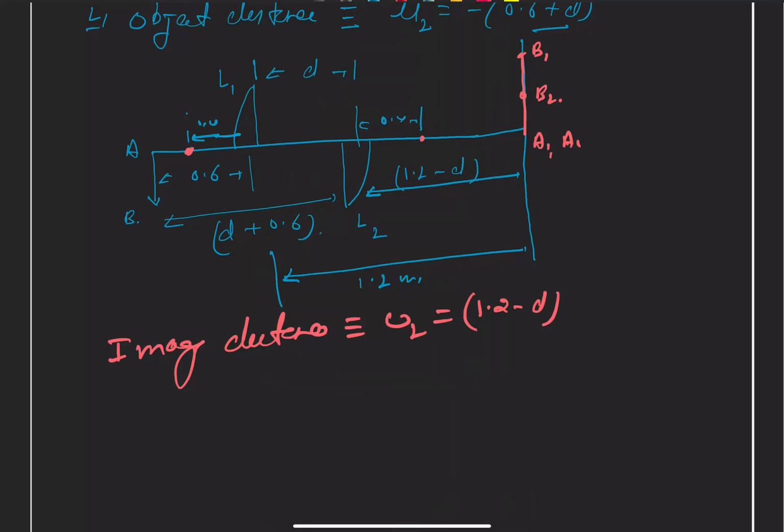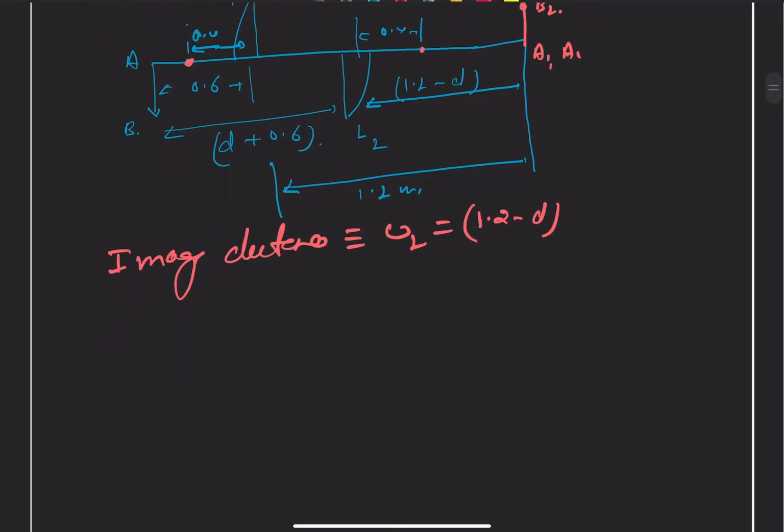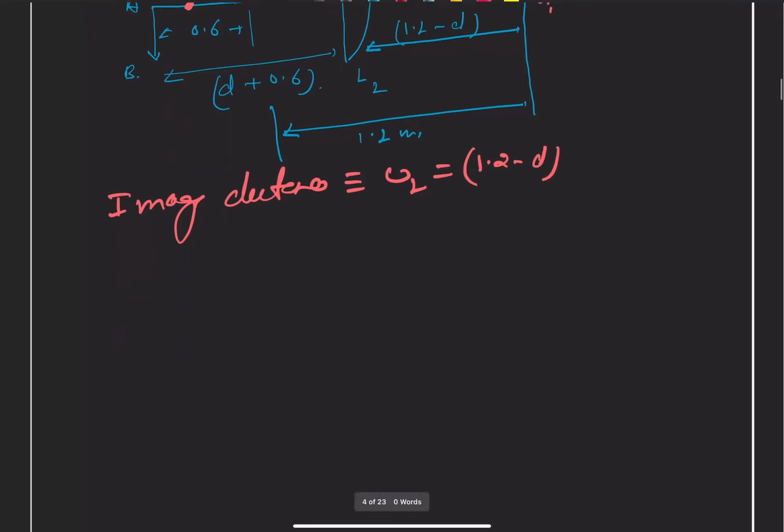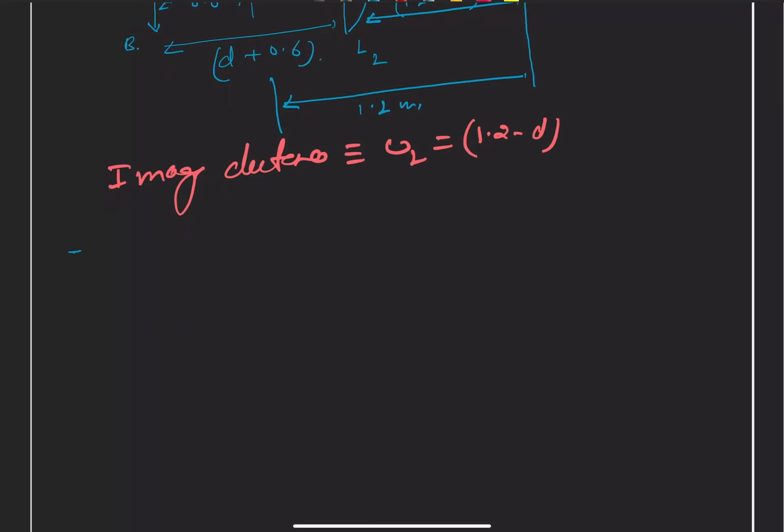This will be our 0.4, that's our focal length. And so once again we can use the formula, and we can say 1 upon f is equal to 1 upon v2 minus 1 upon u2.